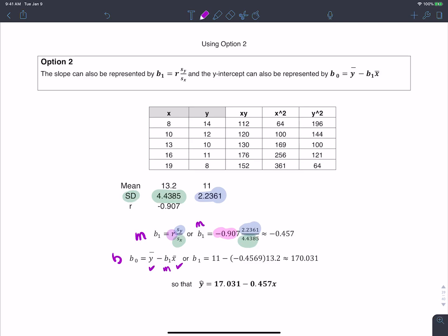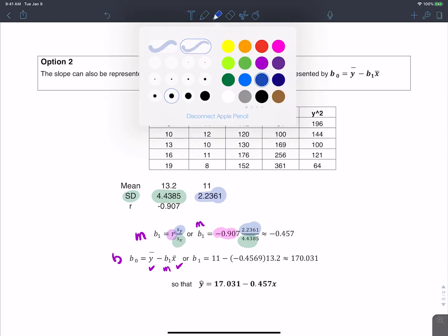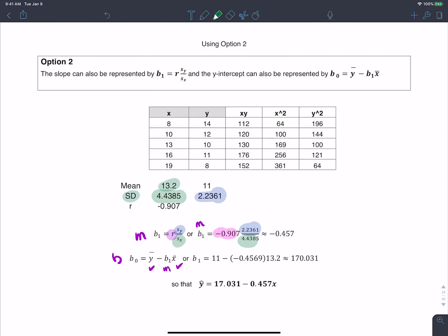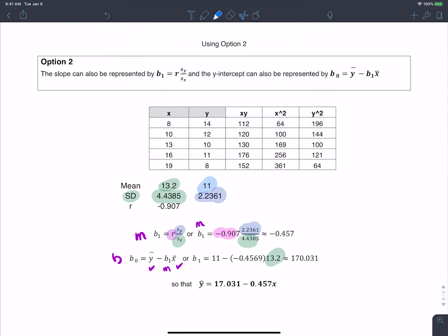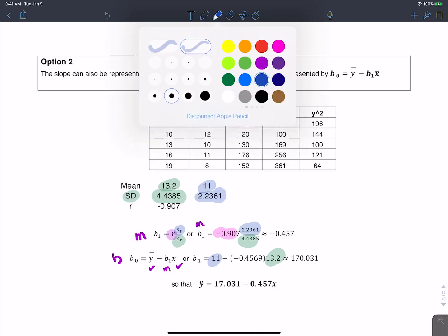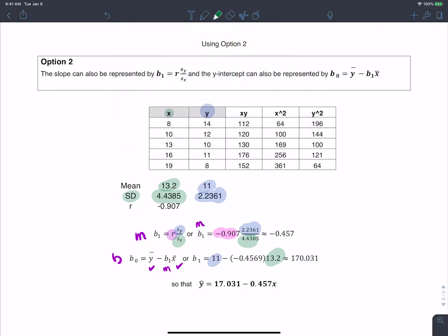So if you can see, I also have the mean here. So for X, 13.2. And that's why this value is 13.2. The mean for Y, we colored that blue. So here's Y, there's the mean there, and I guess it's a different blue. We're looking for the mean for Y. There it is, 11. Because this is the Y variable now. The other was the X variable.